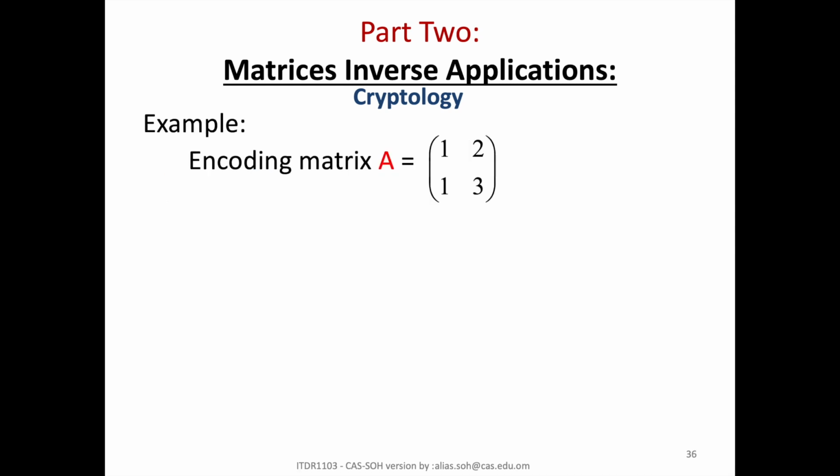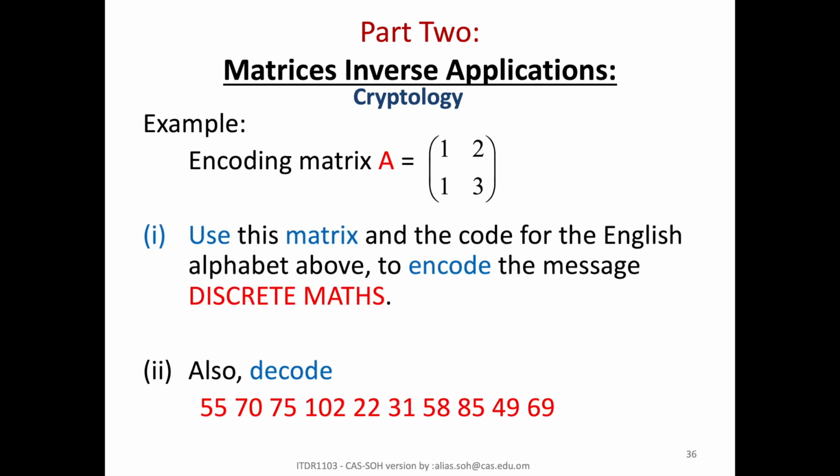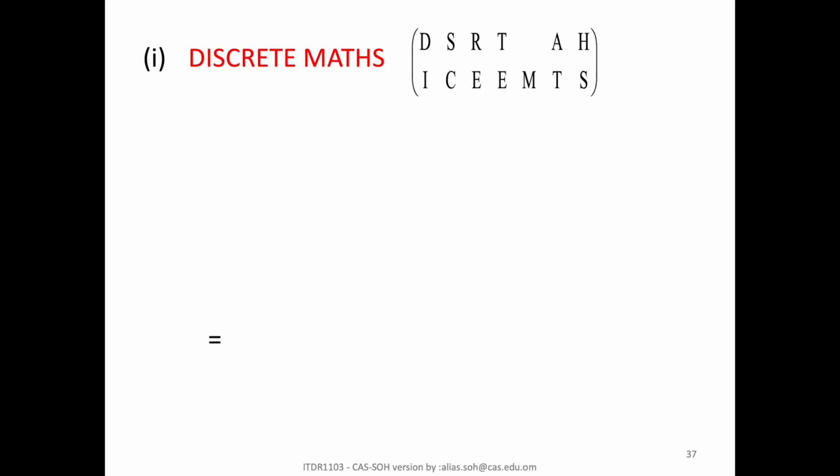For example, if we have a matrix A as an encoding matrix, let's try to encode again and see how we can decode this message. So in order to encode a message like discrete math, we need to order the letters in a matrix of 2 by 2.